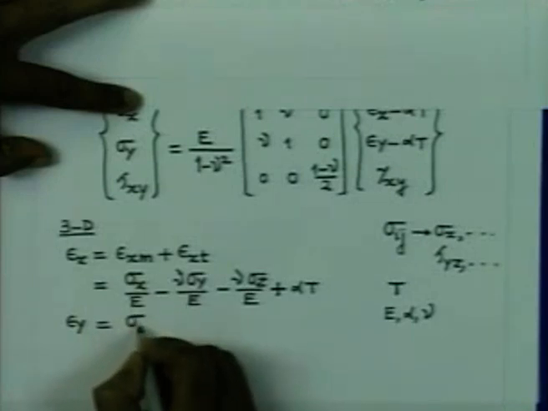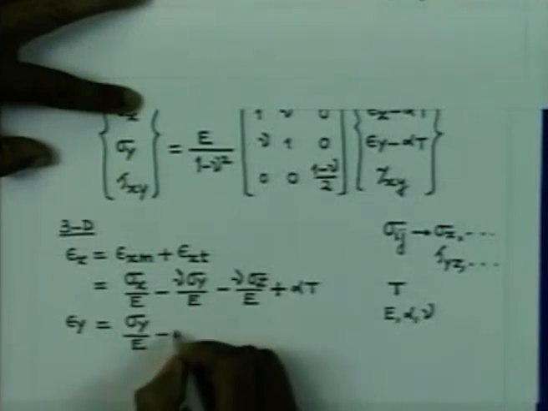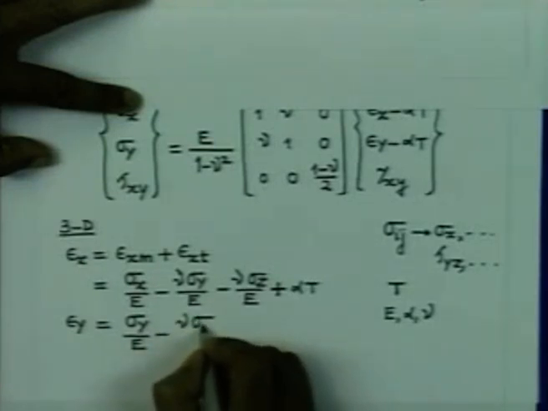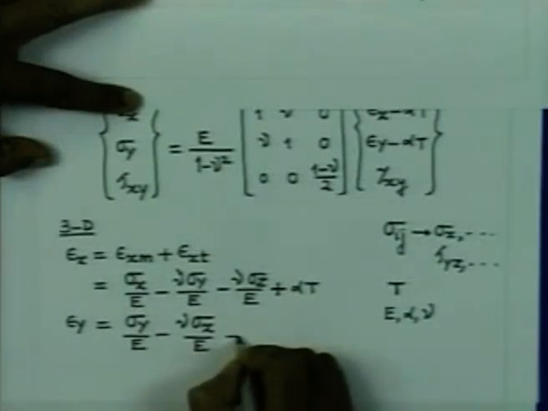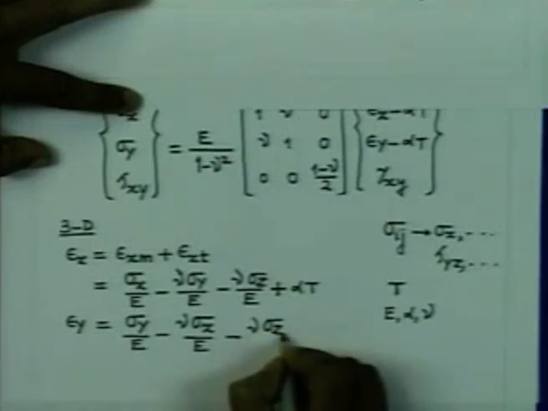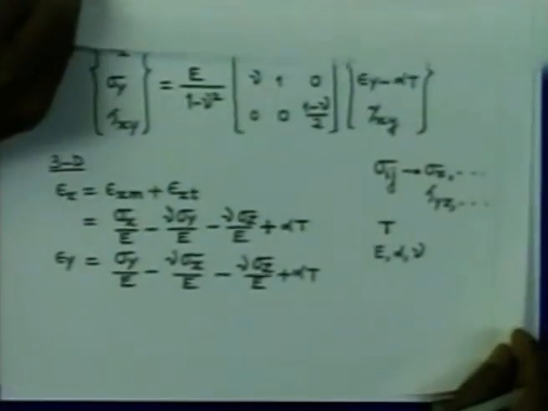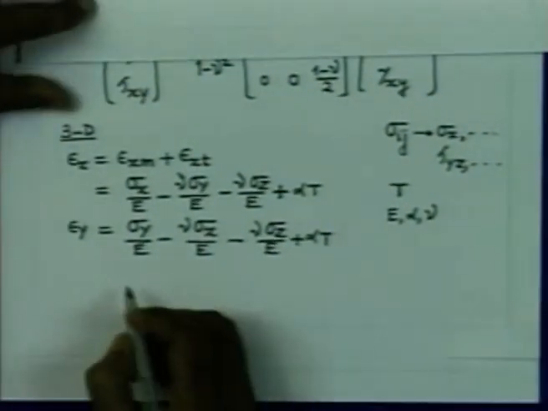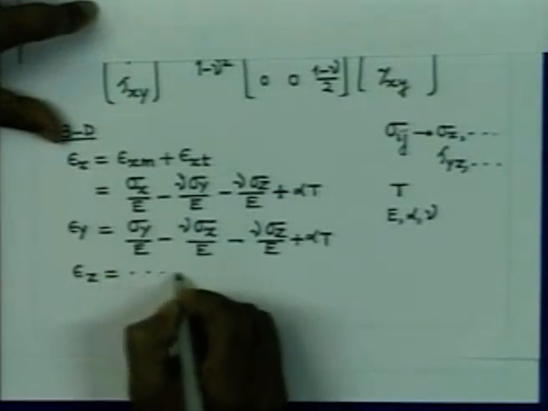So, I will just write for you epsilon y. Epsilon y is equal to sigma y by E minus nu times sigma x by E minus nu times sigma z by E, and the thermal strain will be alpha T. You can write very easily epsilon z, so I will not write that.